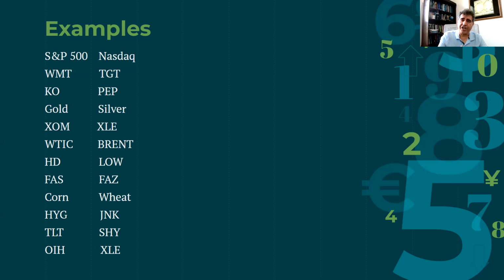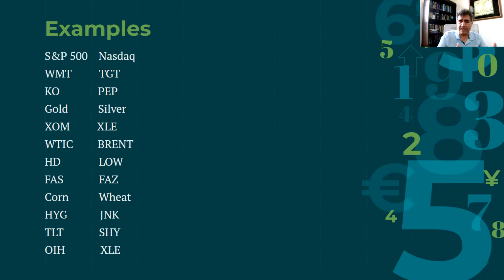How about TLT and SHY? TLT holds bonds averaging 20 years, and SHY is 1 to 3 years. So we have the short term and long term. We look at the ratios and see which one is more attractive to go long, and which one is less, we go short.